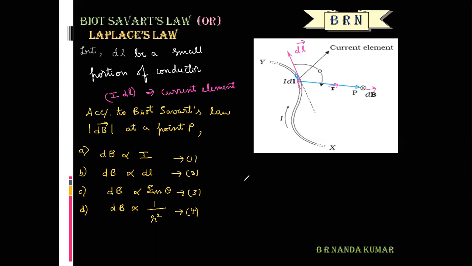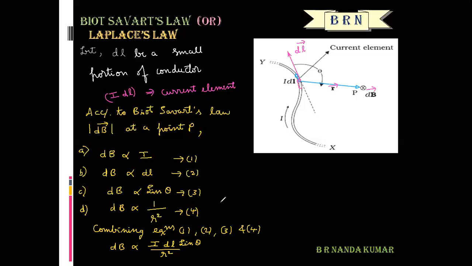Now combining equations 1, 2, 3 and 4, we get dB is proportional to I dL sine theta divided by r square.